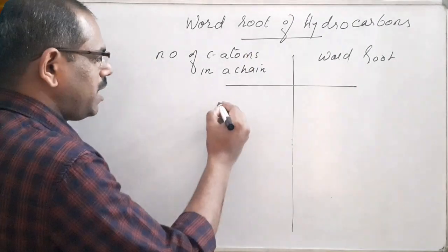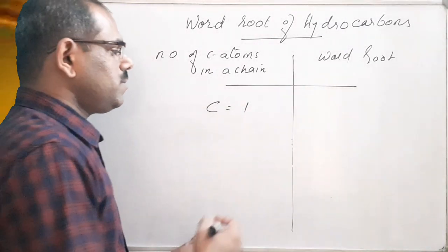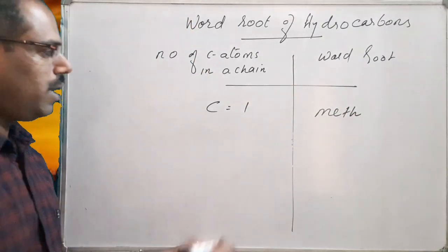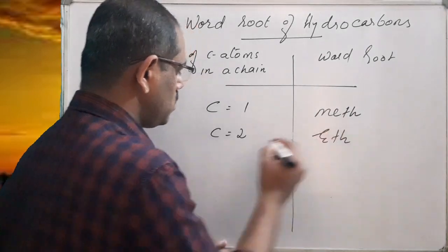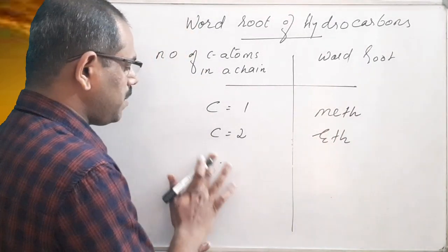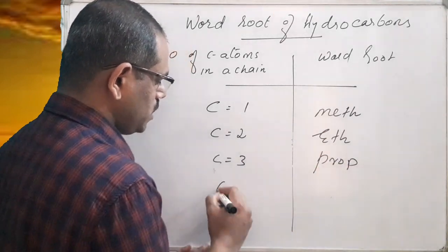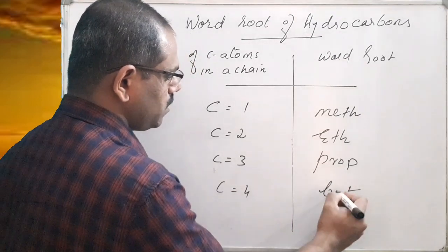If the number of carbon atoms in a chain is 1, we use the word root meth. If carbon atoms are 2, we use eth. C equal to 3, we use prop. C equal to 4, we use but, B-U-T.